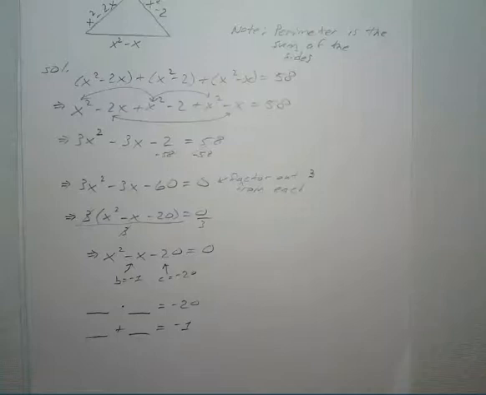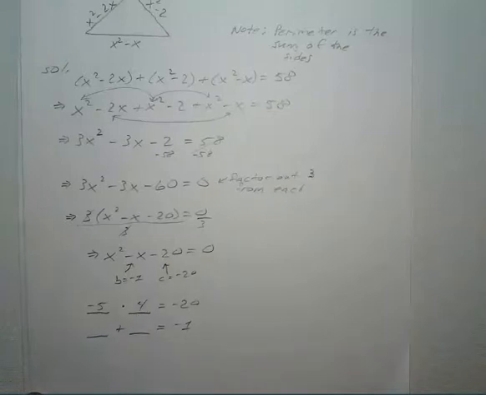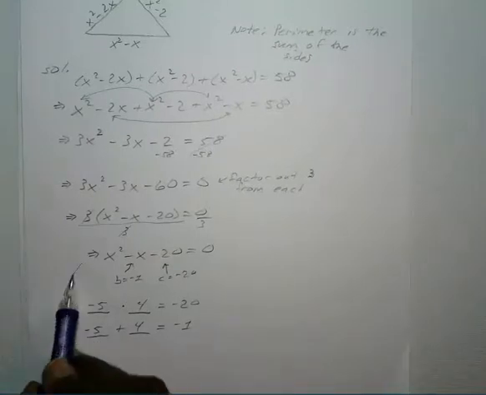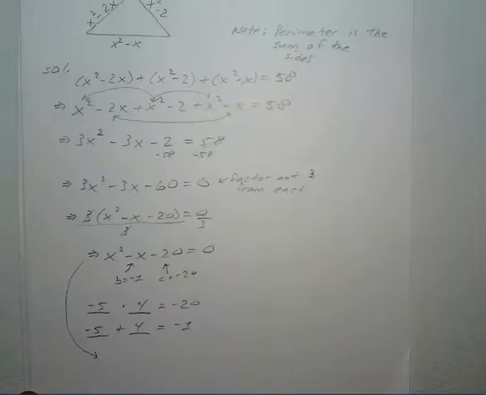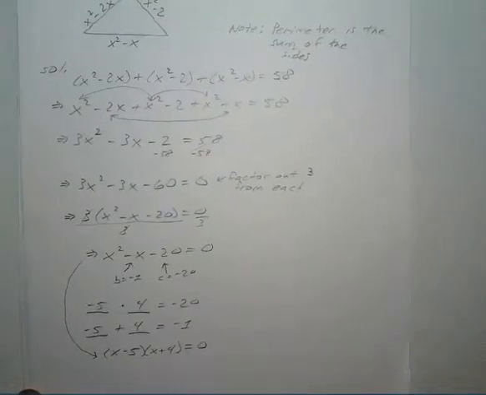Now on this one, -5 and +4 works. -5 times 4 is -20. And -5 plus 4 is -1. So that means this will become x minus 5 times x plus 4 equals 0.